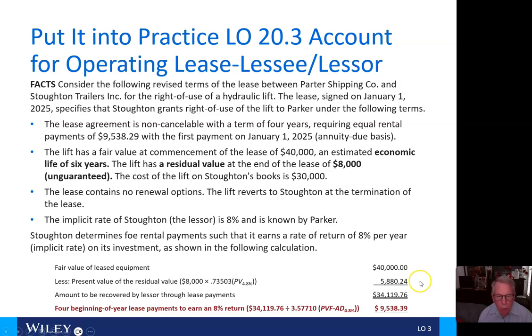The present value of the residual value is $5,880.24. So the amount to be recovered by the lessor through lease payments is $34,119.76. So for beginning of year lease payments, earn an 8% return using the appropriate present value factor here of $9,538.39.